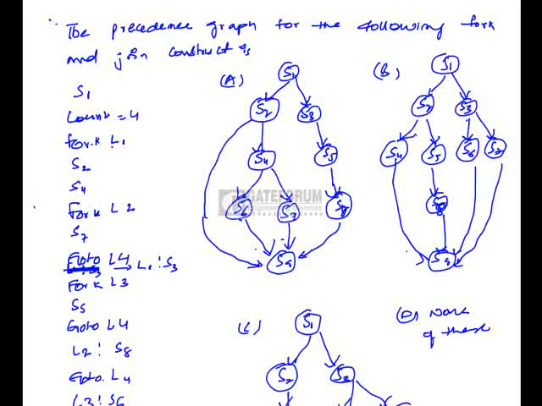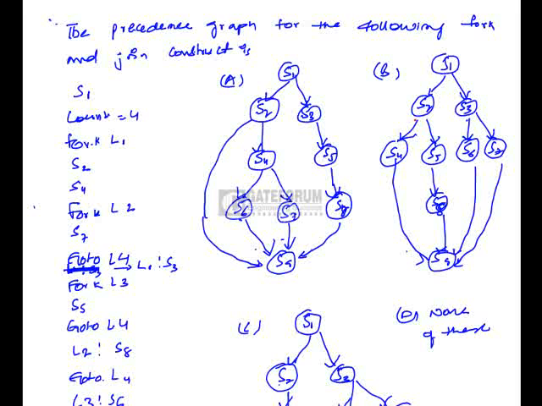See, after fork L1, S2 and S4 will be executed. S2 and at L1 S3 will start execution parallelly. That means S2 and S3, and after S2, S4 should be there. After S2 here also S4, here also S4.